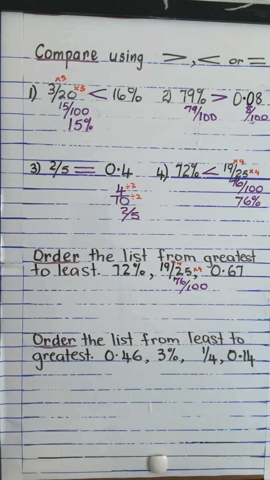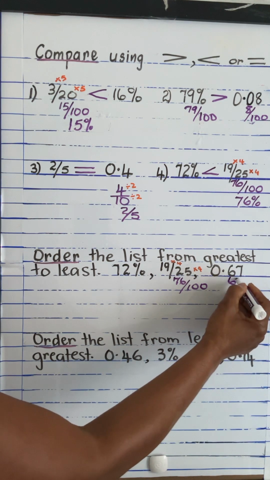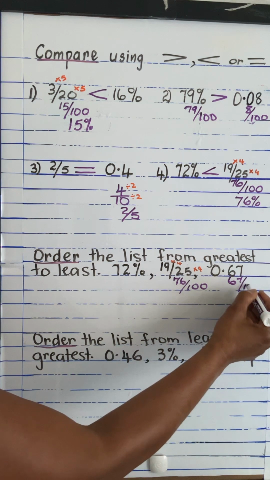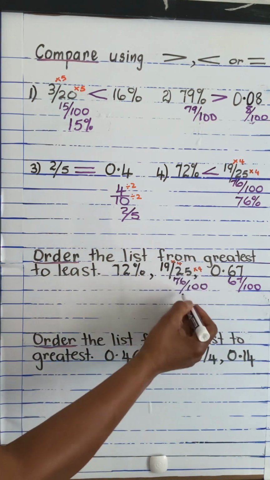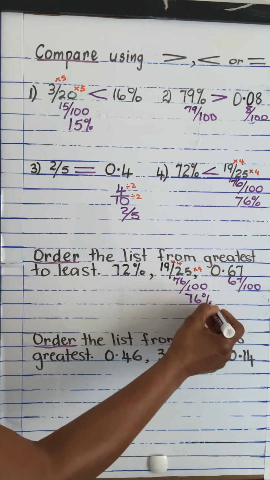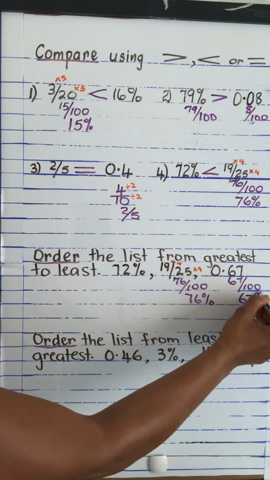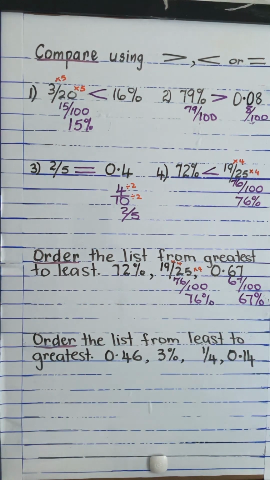And 0.67 is 67 over 100. So this is 76%, and we have 67%.